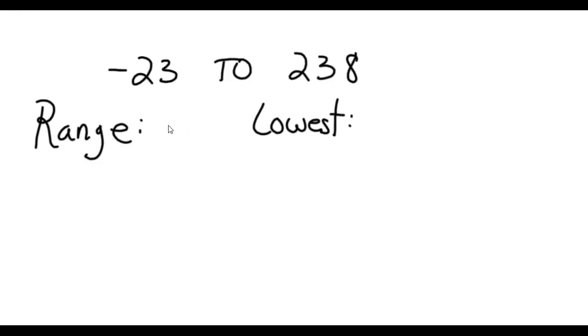To get the range, you have to make sure you're including 0. So there are 238 numbers to the right side of 0. Then we have 0, so plus 1 more for 0, plus the 23 numbers to the left side of 0. 1, 2, 3, and so on up to 23.